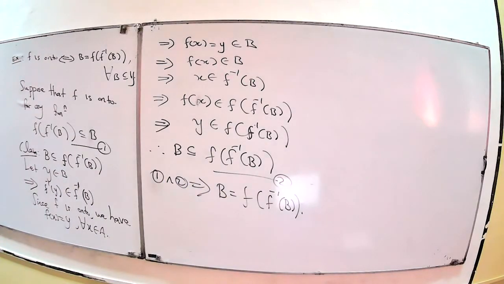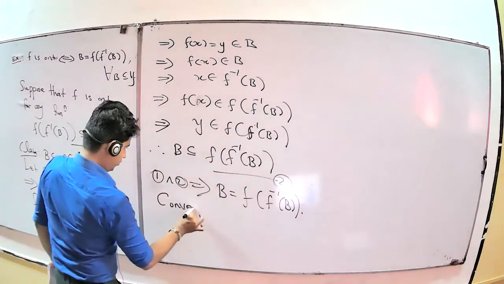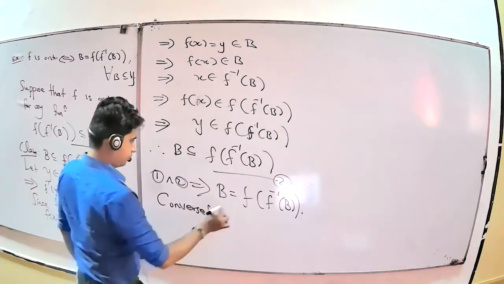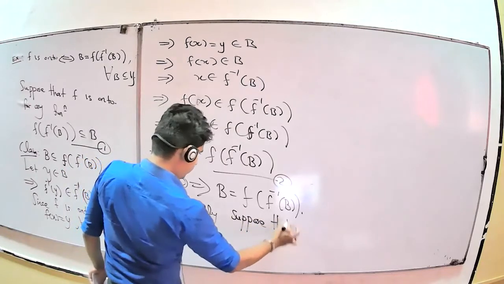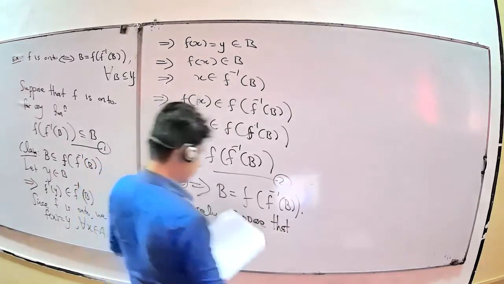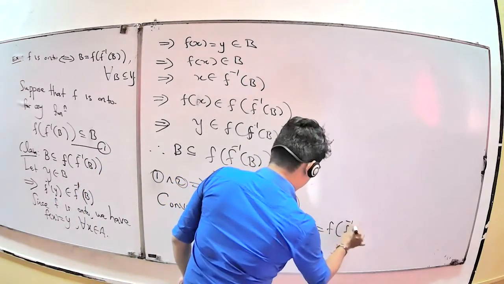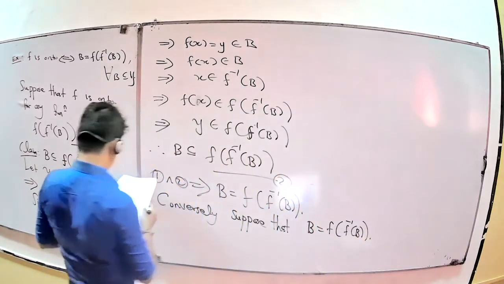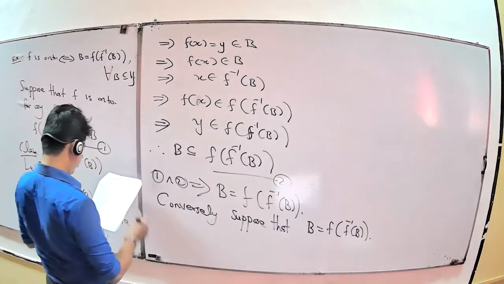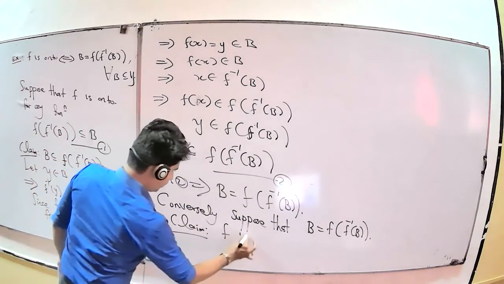Now, for the converse part, conversely suppose that b equal f of f inverse b. You want to show that f is onto. Claim: f is onto.